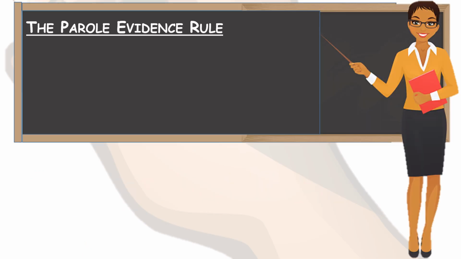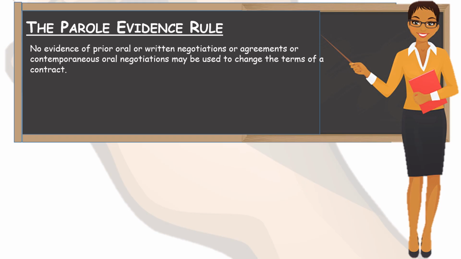The parole evidence rule. No evidence of prior oral or written negotiations or agreements or contemporaneous oral negotiations may be used to change the terms of a contract.